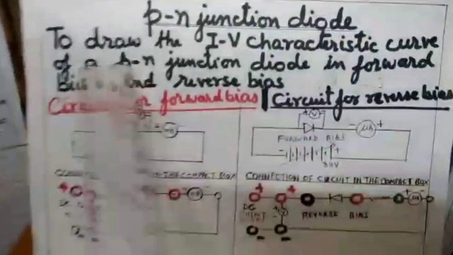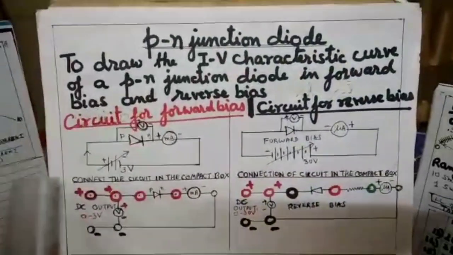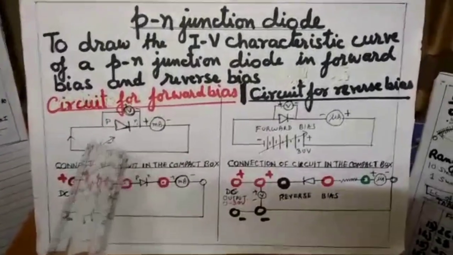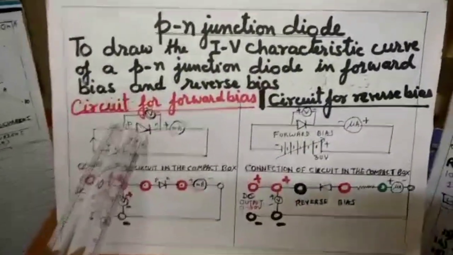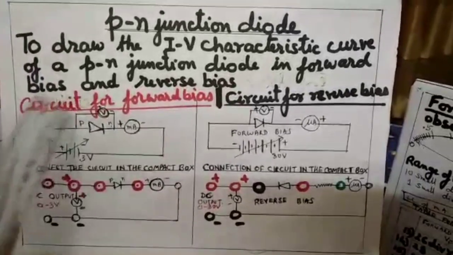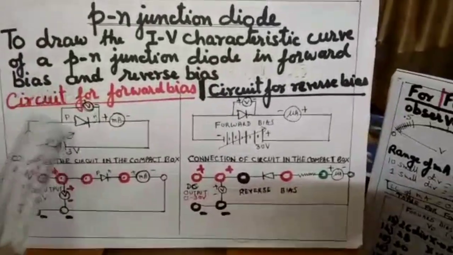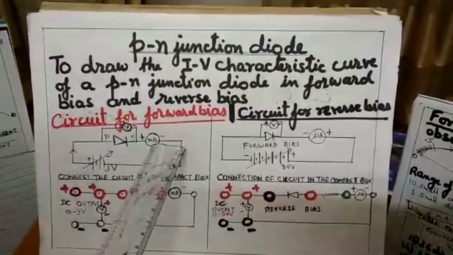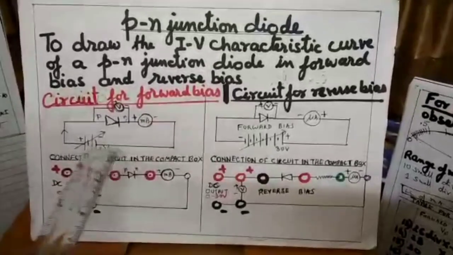Okay, so to start with the experiment, first of all, let us understand the circuit, a very simple circuit. Here you can see the diode I have taken, and with the diode I have connected a voltmeter in parallel, and since the current will be small, I have connected a milliammeter and this to a battery.